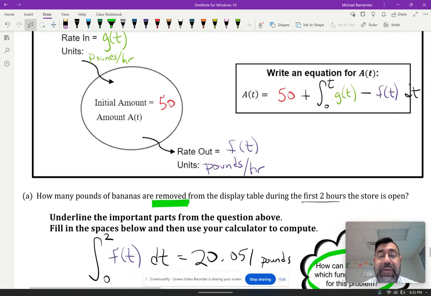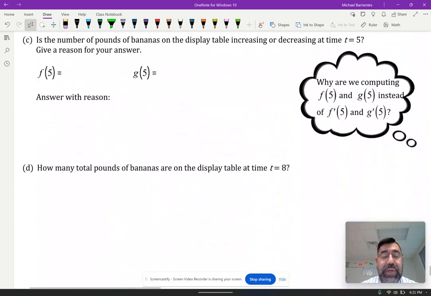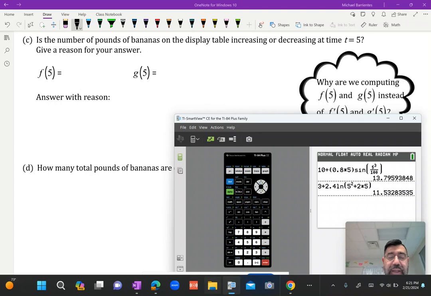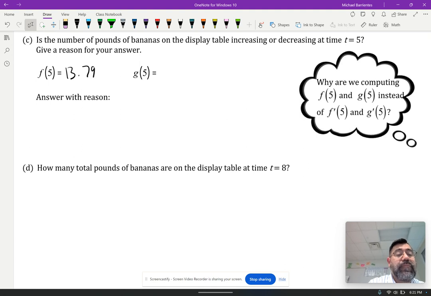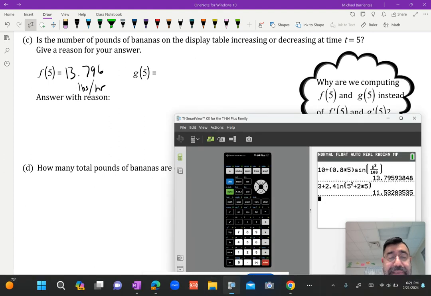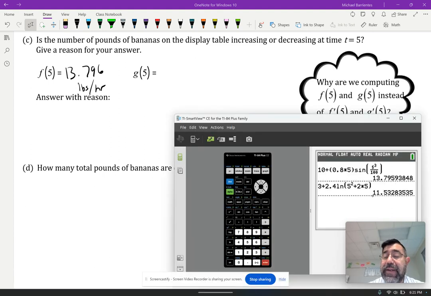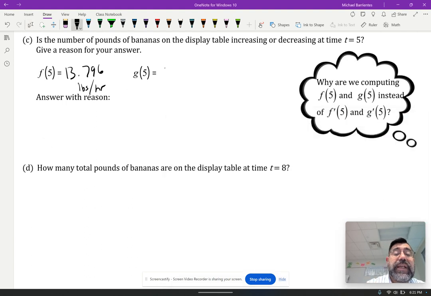All right, so how am I going to write this out? We just saw f of 5, 13.796 pounds per hour, and then g of 5 is 11.532 pounds per hour.